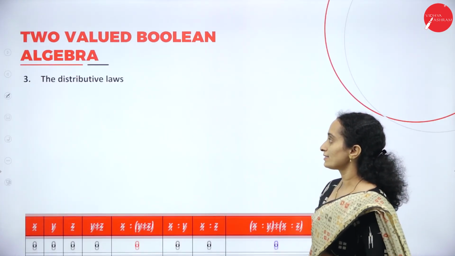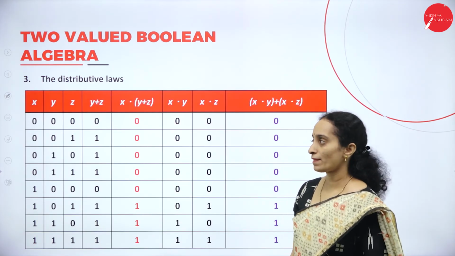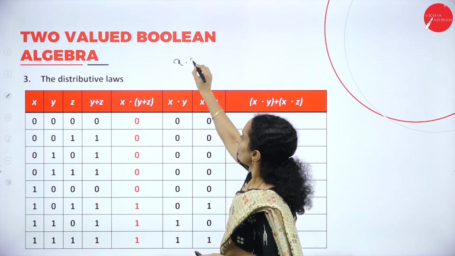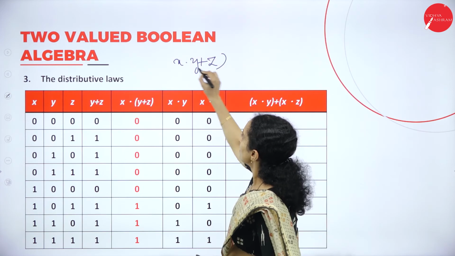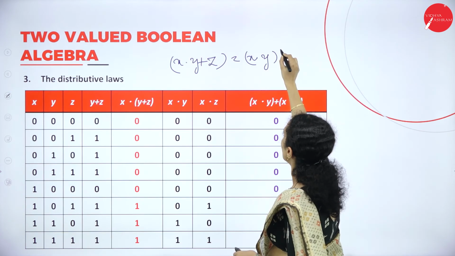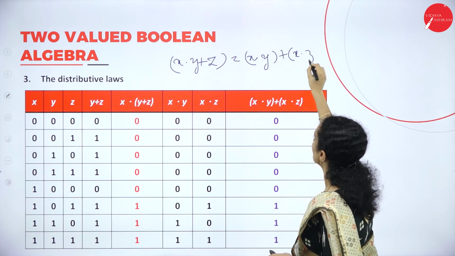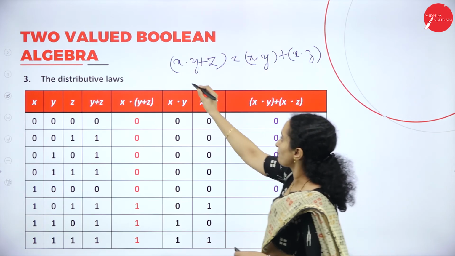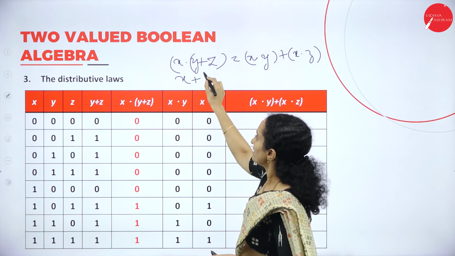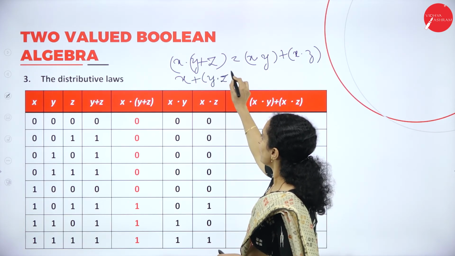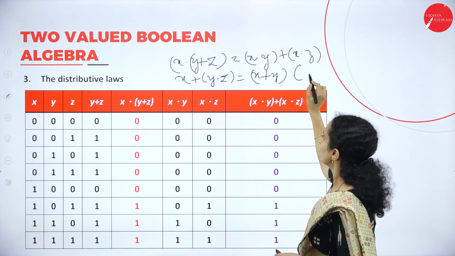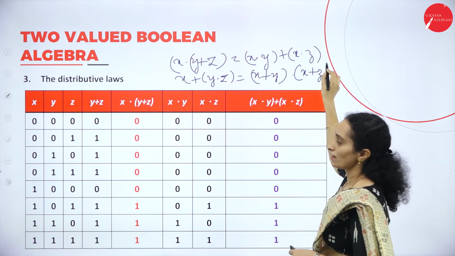Next is the distributive law. What does it say? x into (y plus z) is equal to x into y plus x into z. Or you can check for x plus (y into z) is equal to (x plus y) into (x plus z).